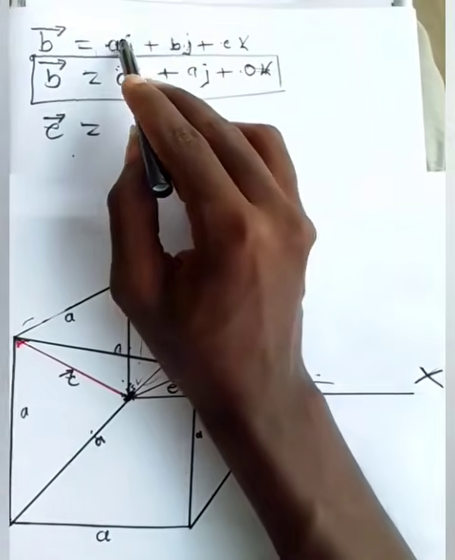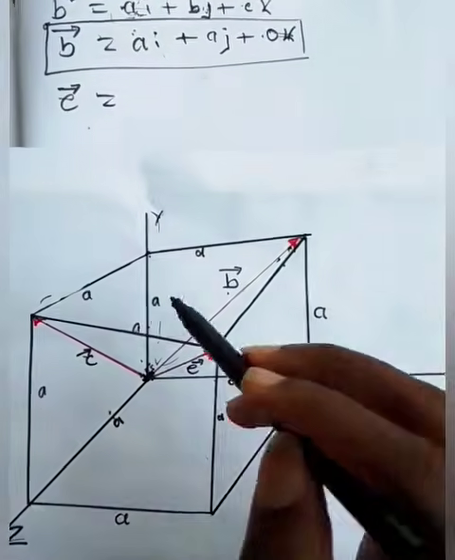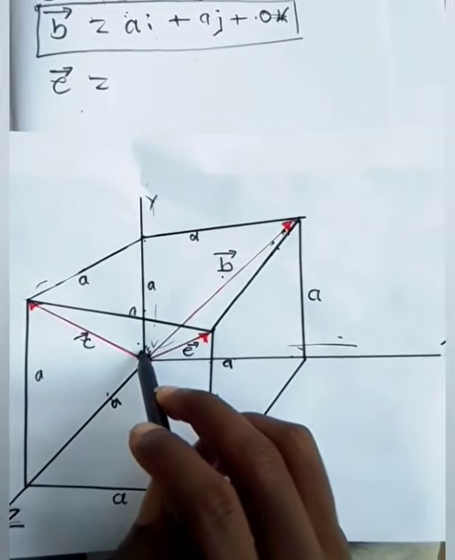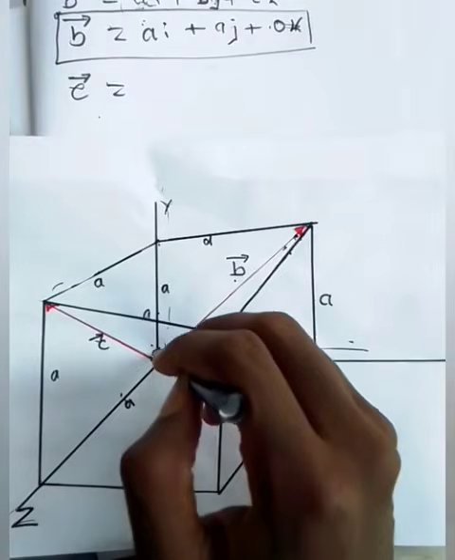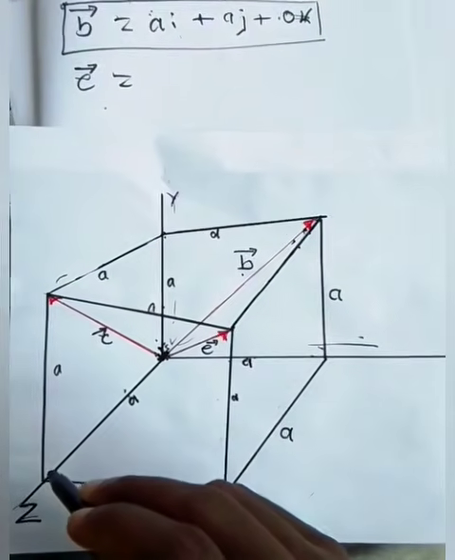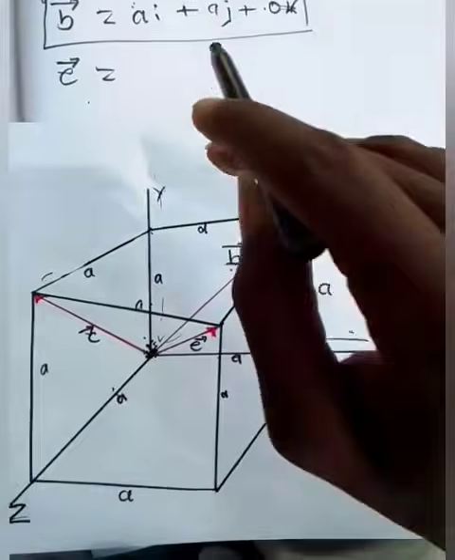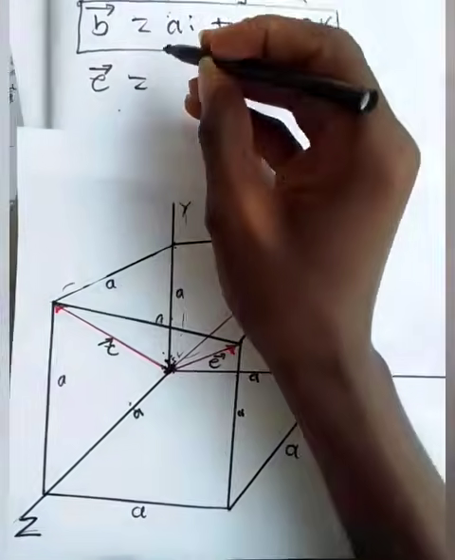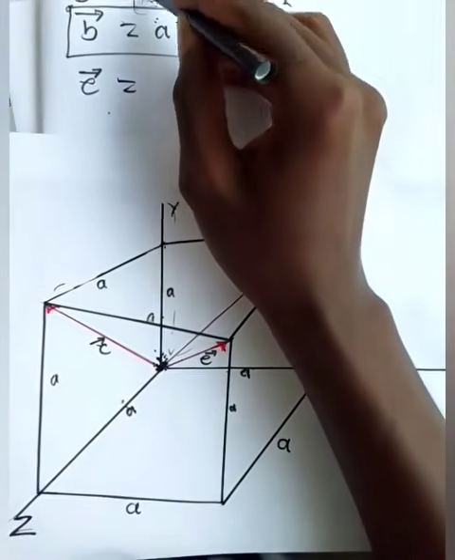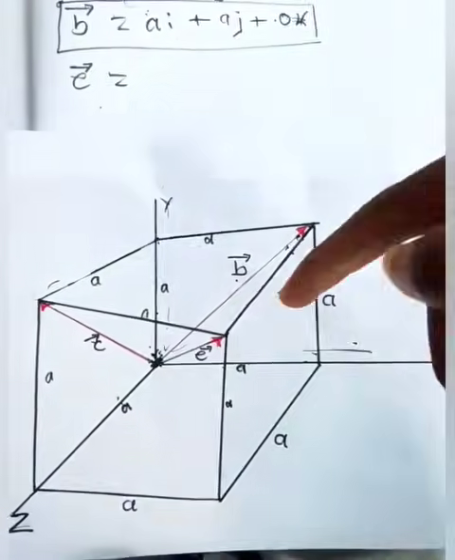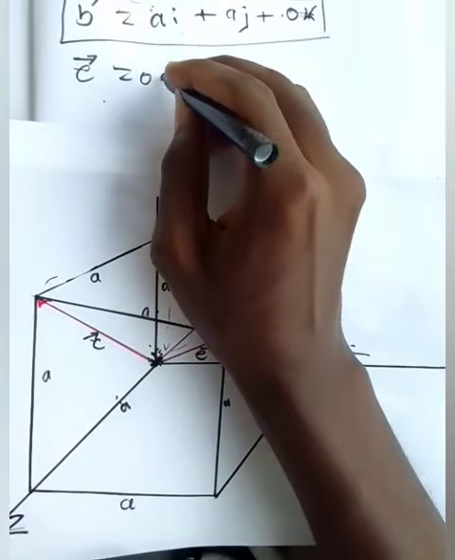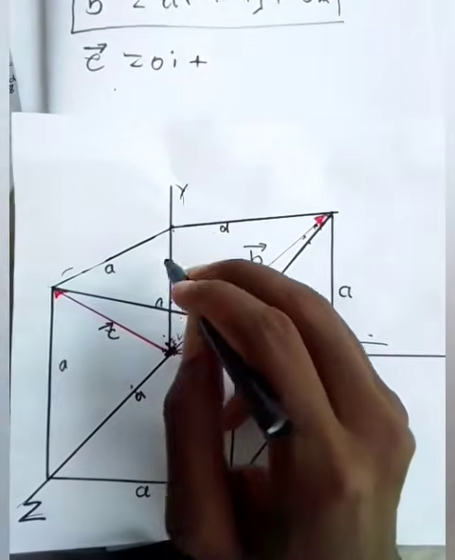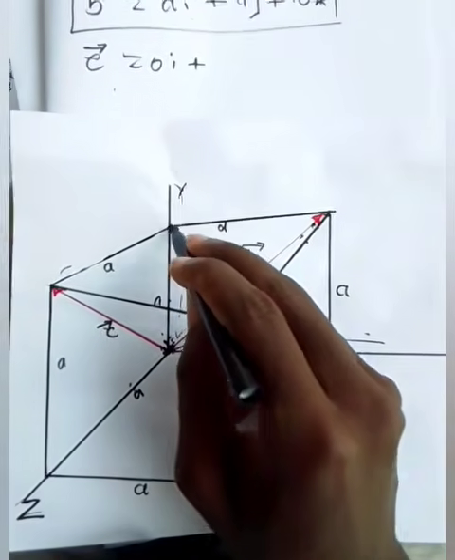If you remember this notation, vector C is this one, this vector here. Vector C has only utilized the y and z axes. Okay, vector C has only utilized the y and z axes. So let's start. Has it utilized any component in the x-axis? No. So I'll just put 0i. Then I'll come to the y-axis. Has it utilized the y-axis? Yes. What's the component in the y-axis?